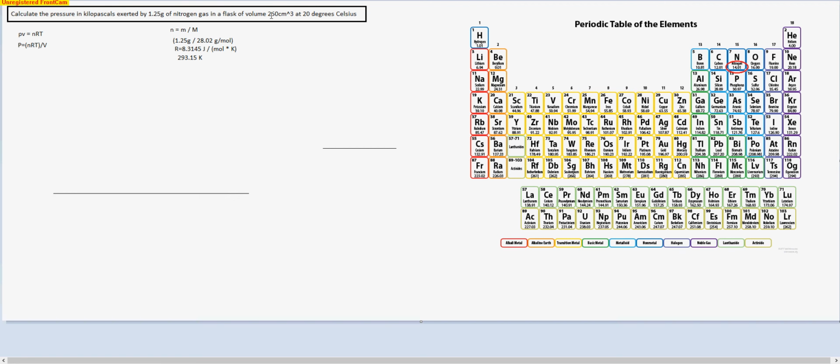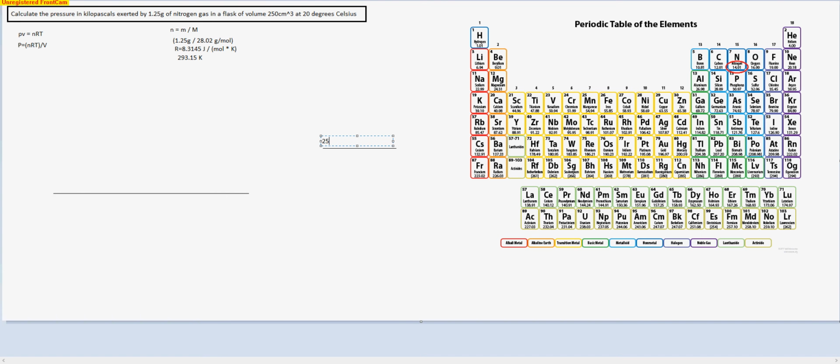To convert, you would multiply your 250 cm cubed times 1 meter cubed. We want to put this into meters, so we have to convert it over to meters. So you'd say 250 cm cubed times 1 meter cubed over another value in cm cubed.